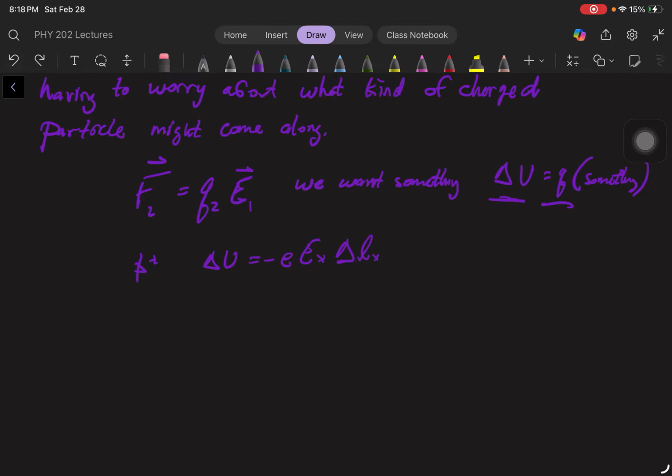And for the electron, we had delta U was negative E sub x delta L sub x. Right? And so in both cases, we have this negative E sub x, well, we'll just say delta x, right? And that's what we're going to define to be delta V.